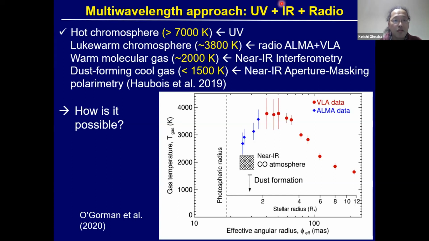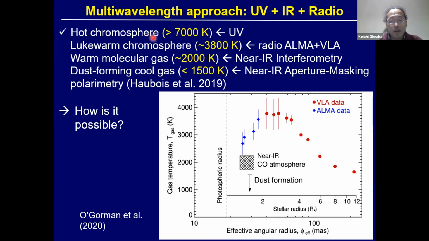So we have hot chromosphere and lukewarm chromosphere, and the near-infrared interferometry has revealed the presence of warm molecular gas, or the so-called molsphere, at a temperature of about 2000 K. But recently, Ohgo et al. used near-infrared aperture masking polarimetry and found dust formation very close to the star, like 1.5 stellar radii. This means the presence of cool, dust-forming gas with temperatures lower than 1500 K. Otherwise, the dust cannot form.